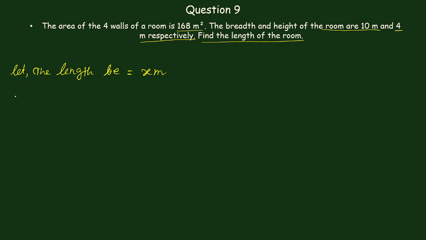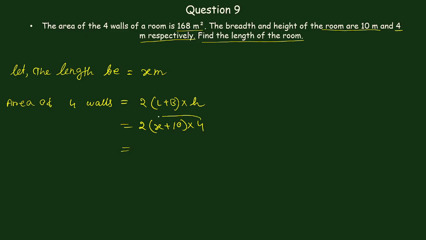Therefore, the area of four walls will be what? Area of four walls equals 2 into (length plus breadth) into height. So 2 into (length is x meter plus breadth is how much? 10 meter) and height is 4 meter, right?